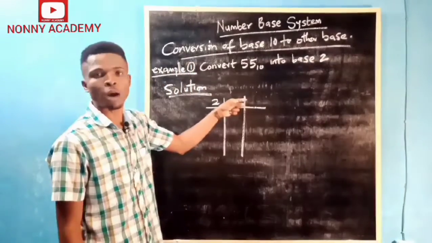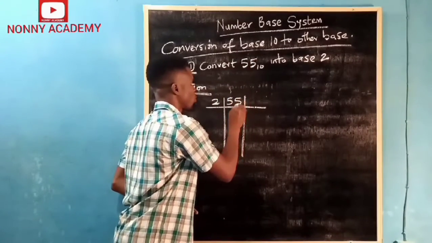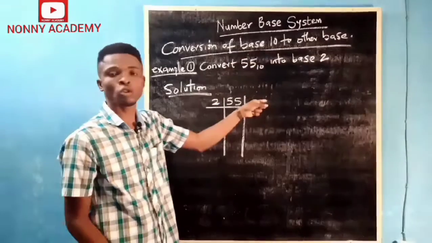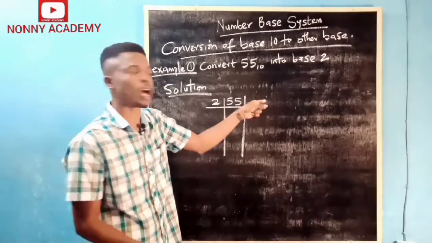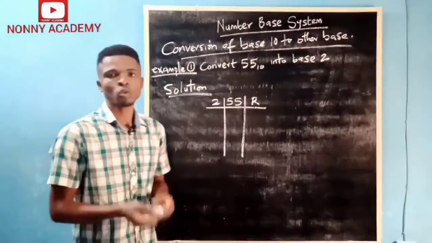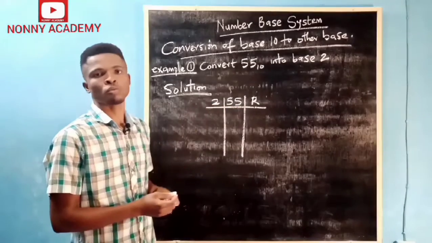In the next column I will have 55, which is the number I am converting. In the last column I will have the remainder, which is R.